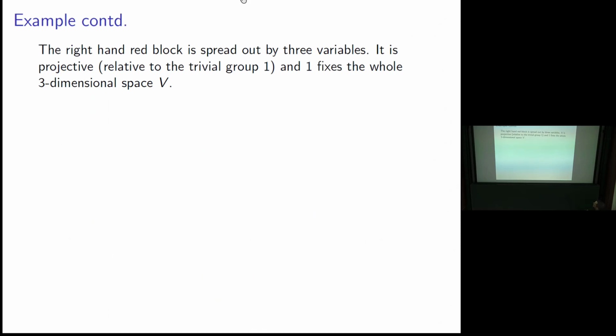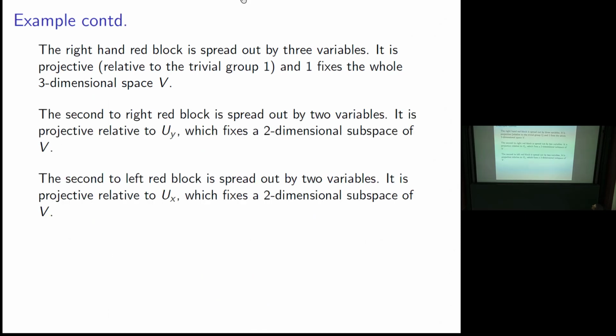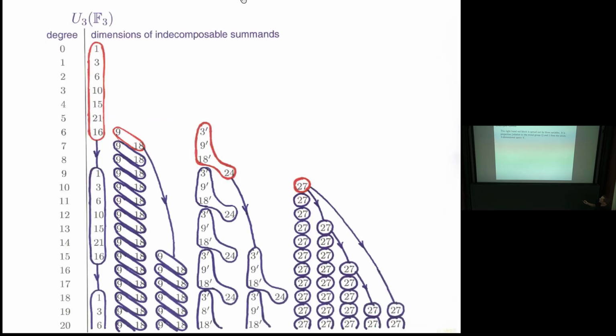Okay, so what does that mean? Right, so this is basically what I said, right? But the point is, I have to go back. The second to right block, if you looked at it, is spread out by 2 variables, and it's projective relative to the subgroup which fixes a certain subspace, right?